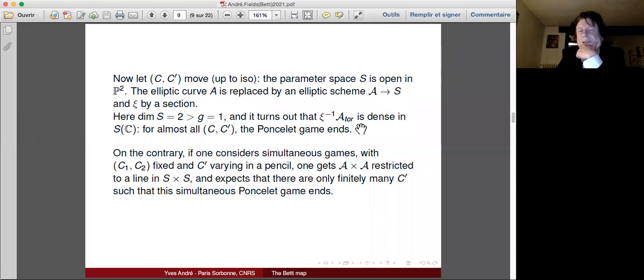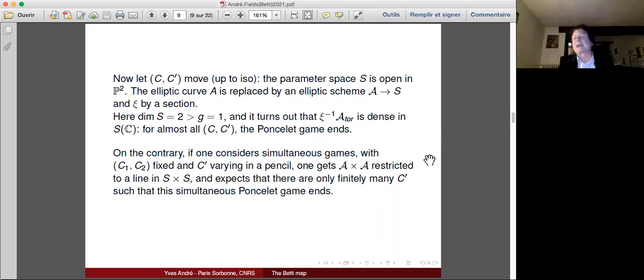And so it turns out, one can prove that one is in the second case of the dichotomy which I mentioned. So the torsion values are dense in the parameter space. In other words, for almost all pairs of conics, the Poncelet game ends.